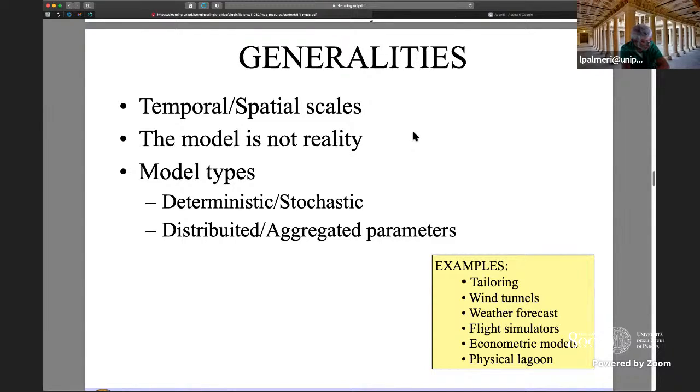Instead of having 1-to-1, so 1 meter in reality, 1 meter in your model, you may have a 1-to-10 scale. 10 meters in reality corresponds to 1 meter in your model, or analogously 10 centimeters in reality corresponds to 1 centimeter in the model. What you do is build a replication of a physical structure or a physical reproduction of an ecosystem and try to study how this system responds to different surrounding conditions.